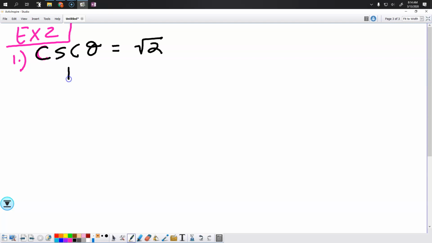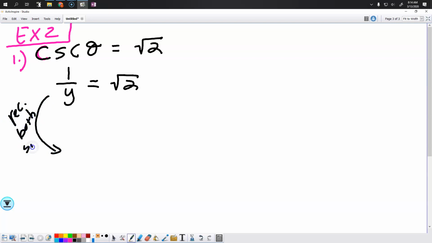Cosecant is 1 over y, isn't it? You guys agree with that? Now what I'm going to do is take the reciprocal of both sides. So what's the reciprocal of 1 over y? Good. And I'm just going to write y. But yeah, you're right, y over 1. And what's the reciprocal of that?